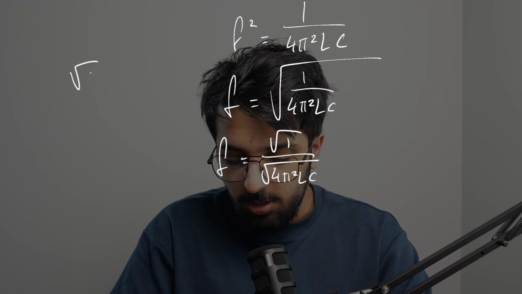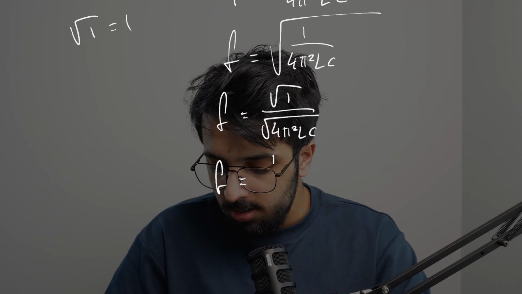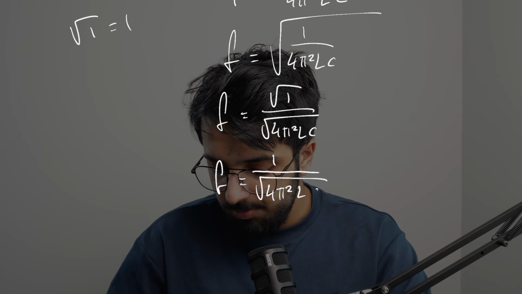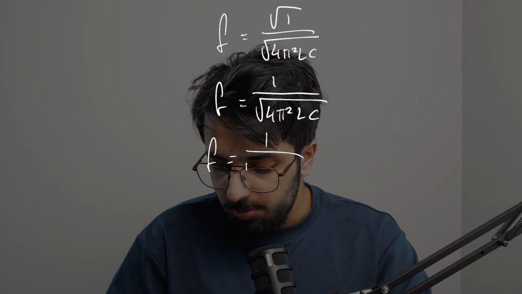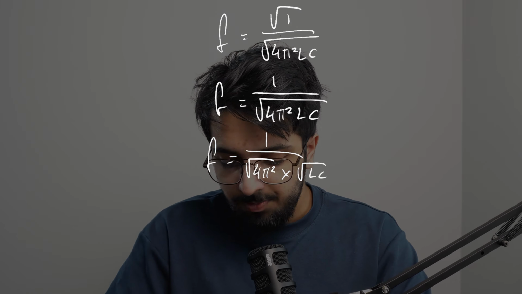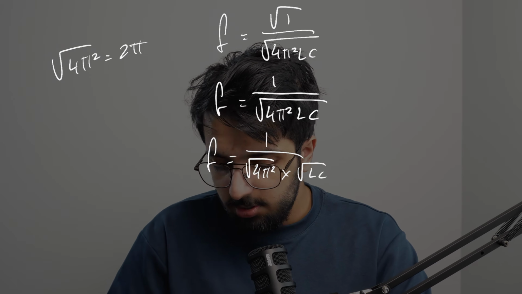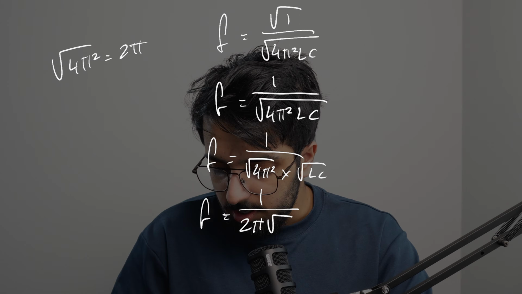The square root of 1 is just equal to 1. And so our frequency is equal to 1 over the square root of 4 pi squared LC. We can simplify this further: frequency is equal to 1 over the square root of 4 pi squared multiplied by the square root of LC. The square root of 4 pi squared is just 2 pi. Okay, so our frequency is equal to 1 over 2 pi square root LC.